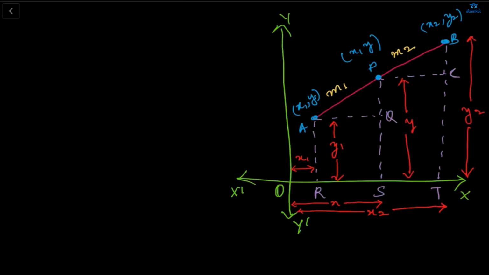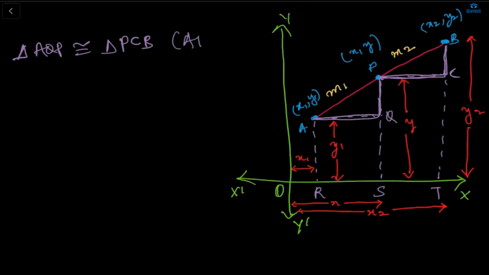Now if you see this triangle and this triangle, they are actually similar. These triangles are similar by AA similarity. Triangle AQP is similar to triangle PCB by the AA criteria. How?